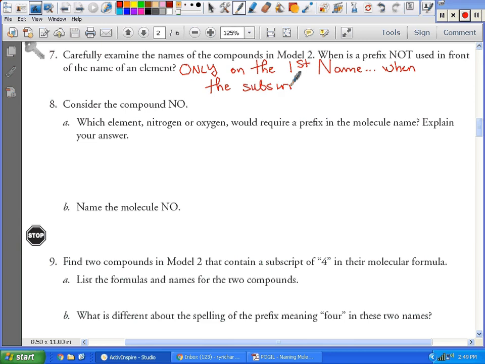So the key there is that first little part in front of the dots. If you did not put that, please make sure you write that. Only on the first name.